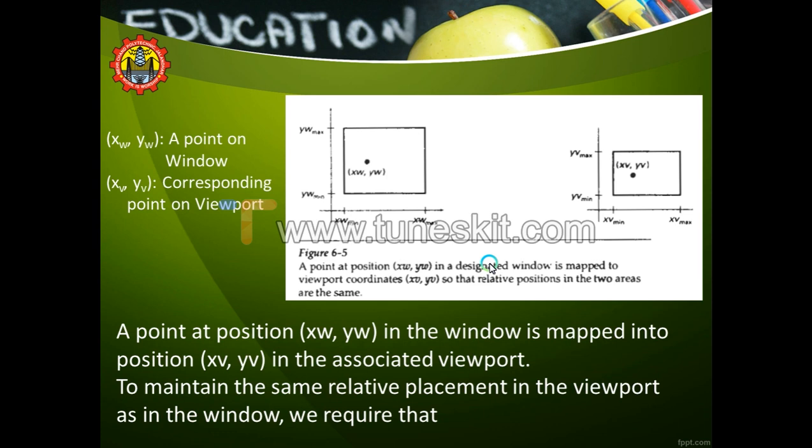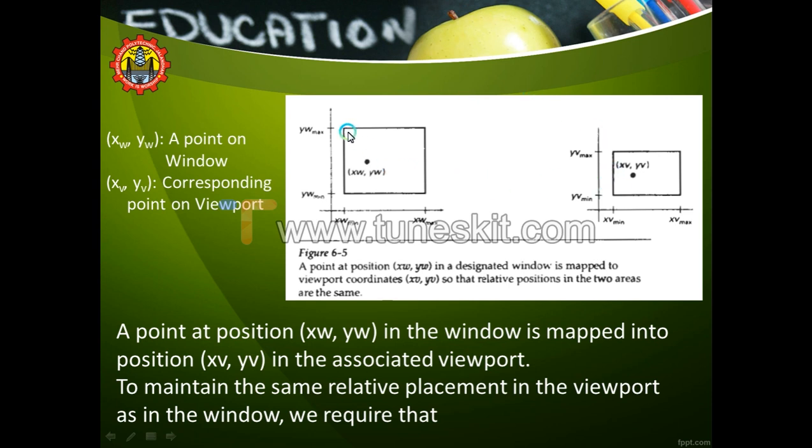Now look at this example. The previous example was a big figure, so we start with a small point. We want to map this point object, which is placed inside the window, into the viewport.